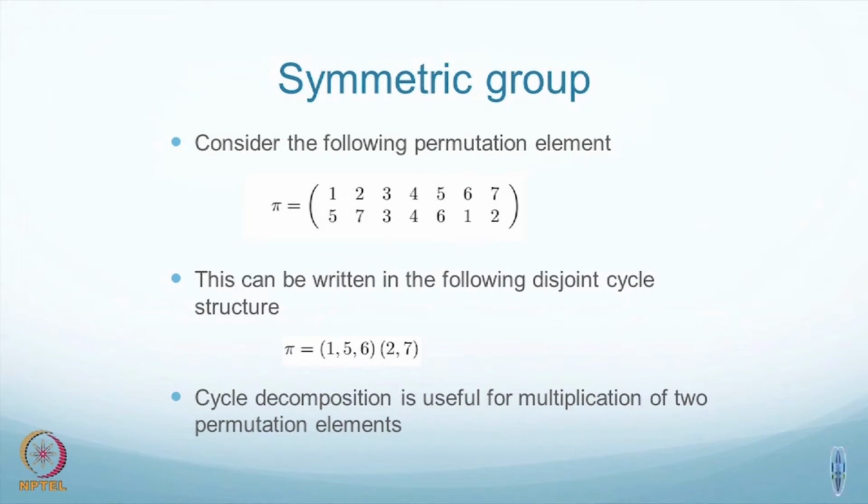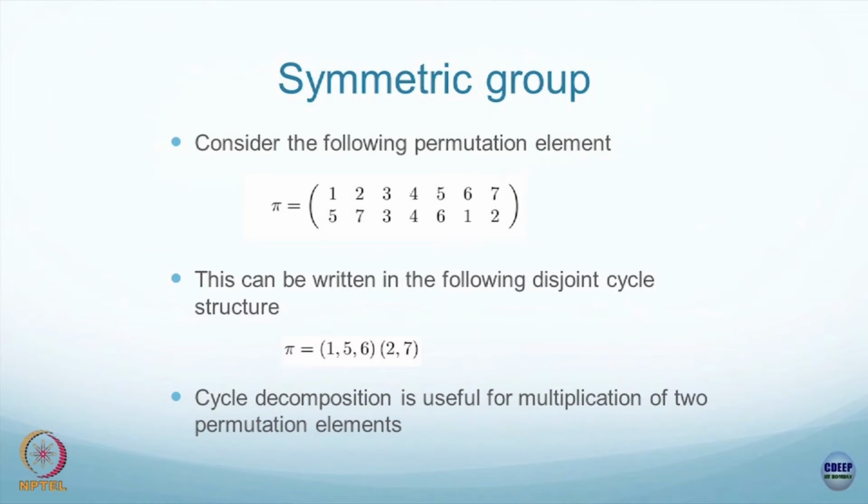Okay. And then let us see the other one. 2 goes to 7, 7 goes to 2. Sorry, this is 1 and this is 2. So, 2 goes to 7, 7 goes to 2. This is a better notation which takes care of that element.